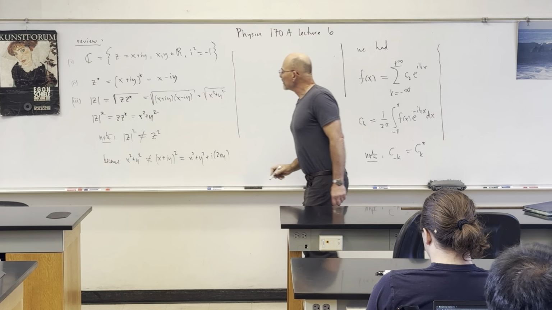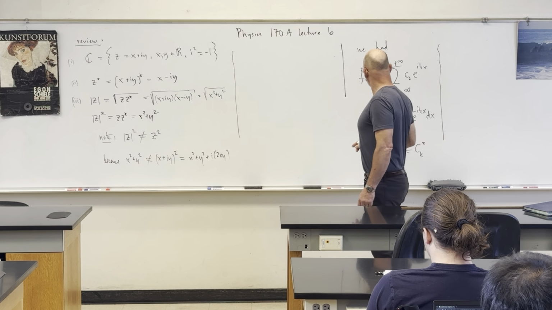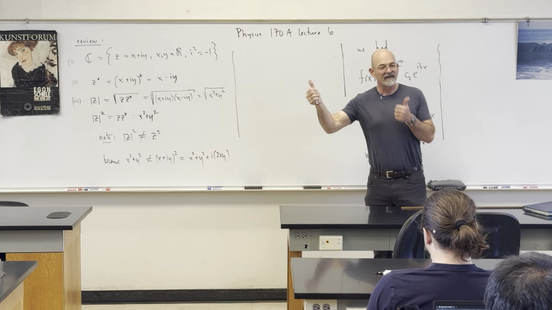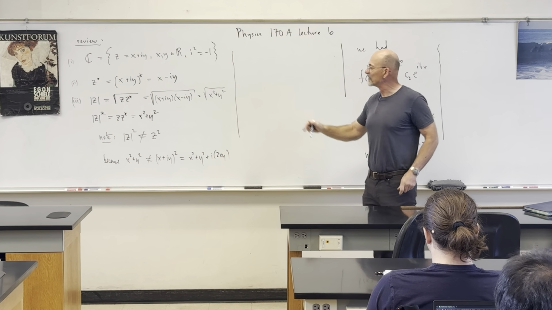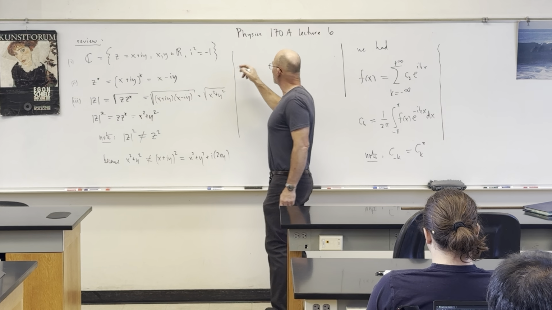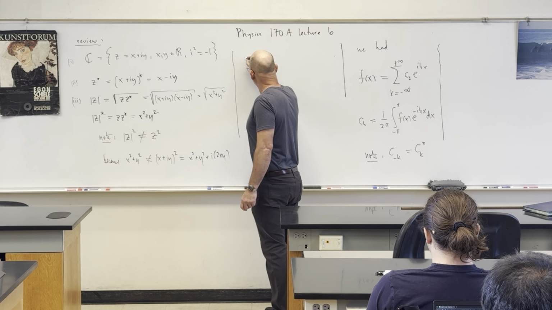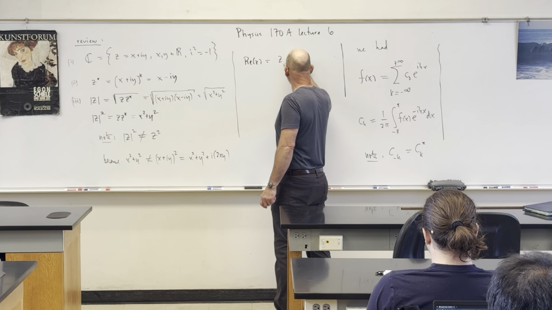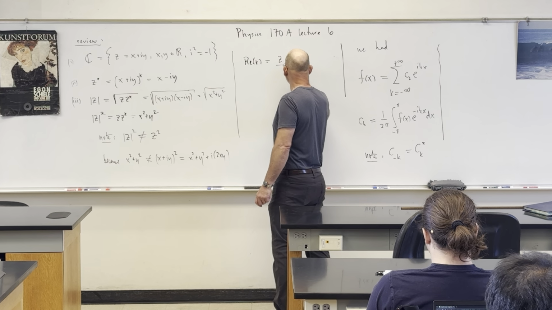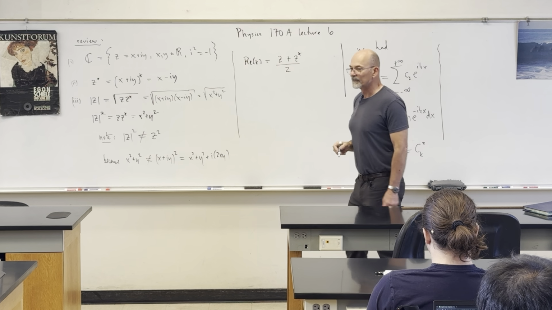Now, when it comes to what we did over here, where we got the sines out of there, remember we had e to the this and that, and we ended up with the sines. There we made use of the property that the real part of z is quite generally z plus z complex conjugate divided by 2.